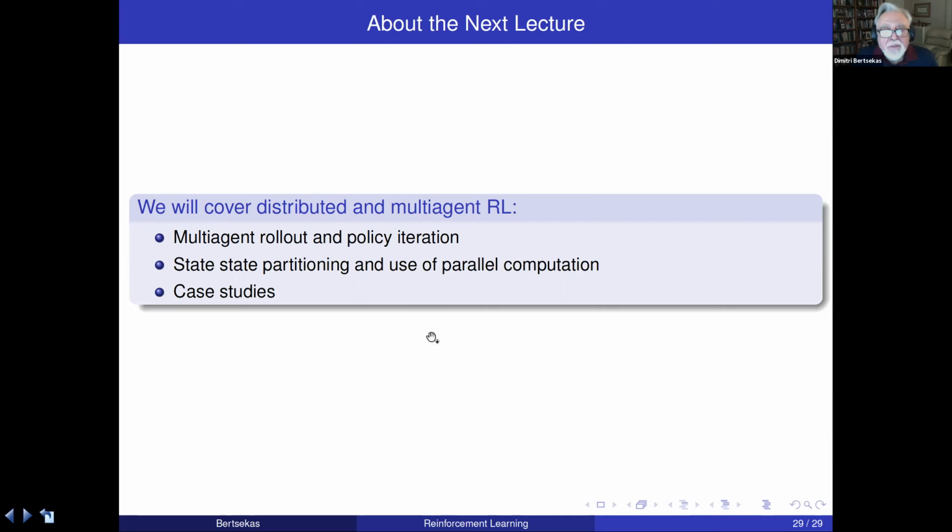In the next lecture, we're going to use a video that's posted on the internet to talk about multi-agent rollout and policy iteration in a distributed setting. Not only multiple agents, but also partitioning of the state space and the use of parallel computation. And I'm going to discuss 2 case studies that I already showed some videos of.